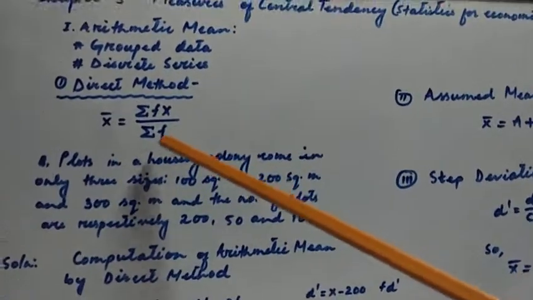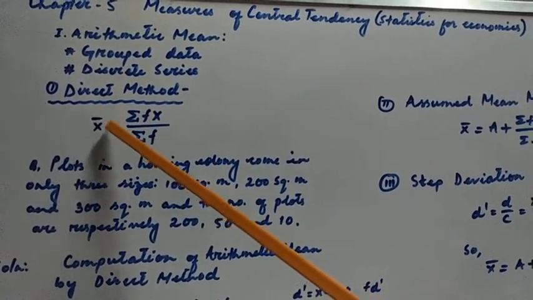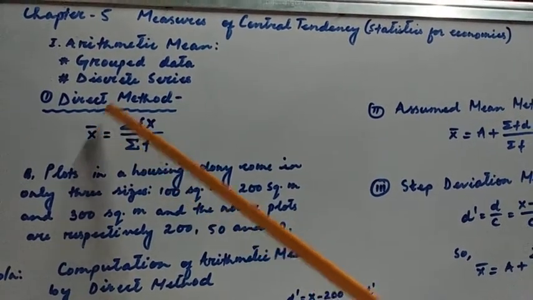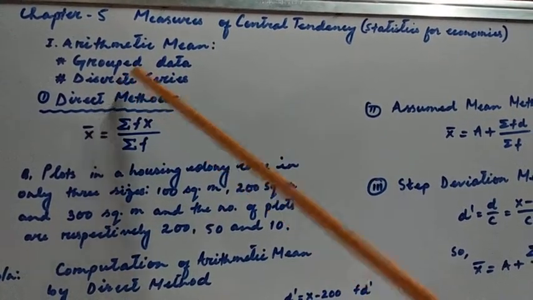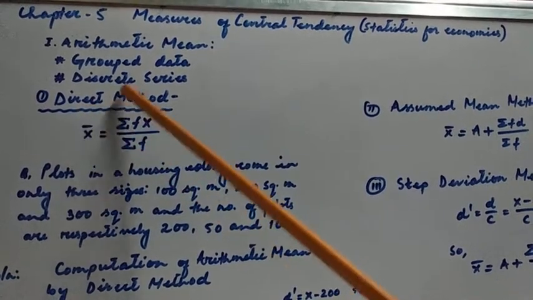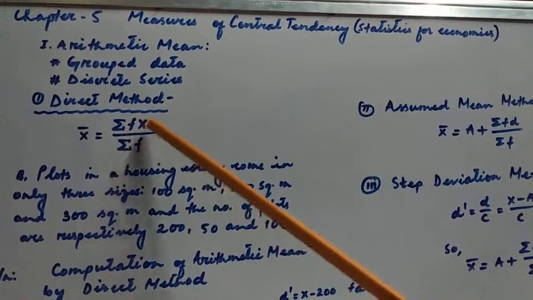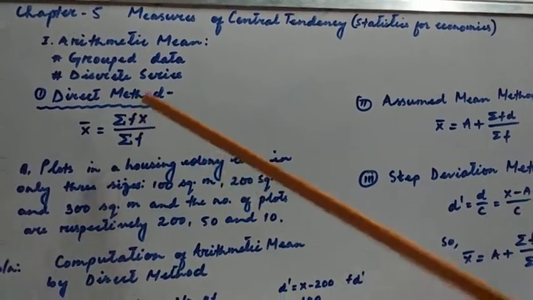Symbolically the formula can be represented like this. Arithmetic mean for grouped data under discrete series, by the direct method, is given by summation fx divided by summation f.